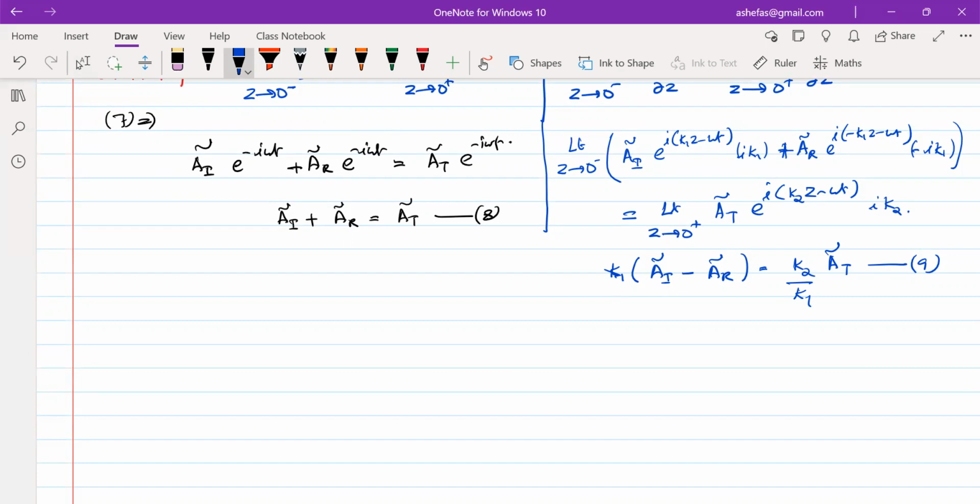Now, if you just add equation number 8 and equation number 9, what would you get? Just adding equation number 8 and equation number 9, we'll get 2 ai tilde equal 1 plus k2 by k1 at tilde.